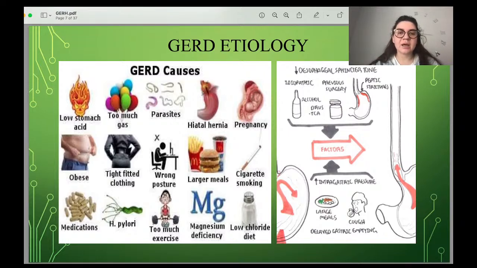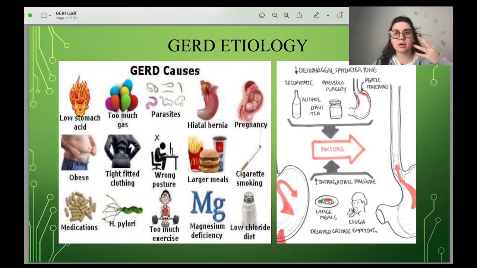What else? Pregnancy, obesity, tight-fitting clothing, wrong posture, larger meals, cigarette smoking, medications, H. pylori, too much exercise, magnesium deficiency, and low chloride diet, all of them can be risk factors or direct etiology of gastroesophageal reflux disease.